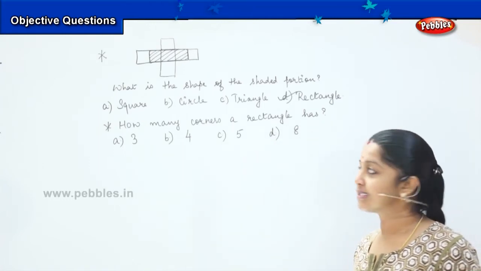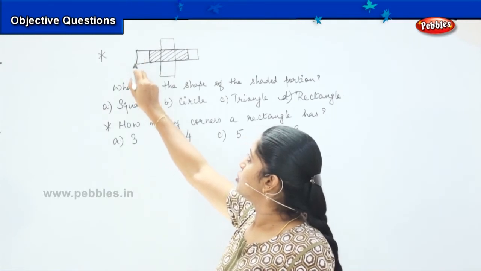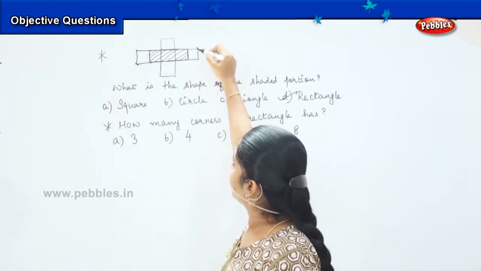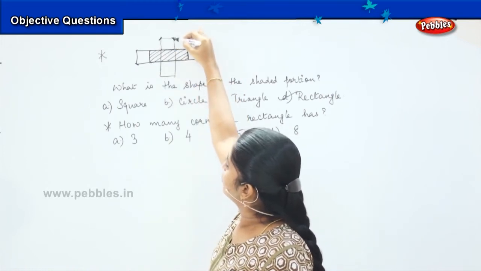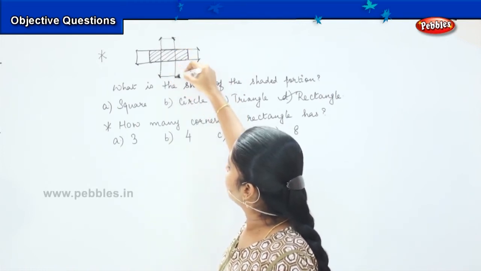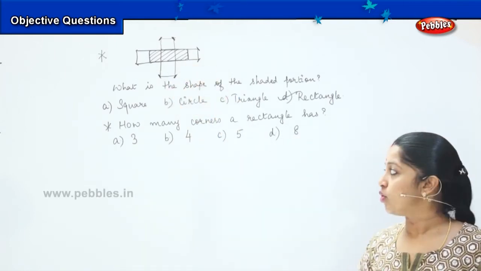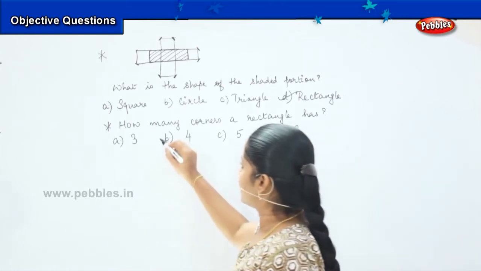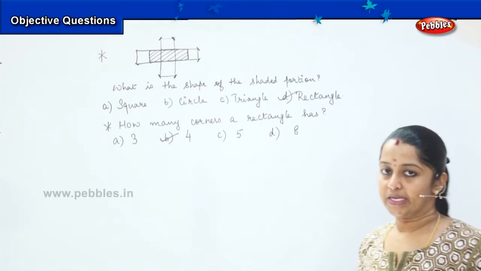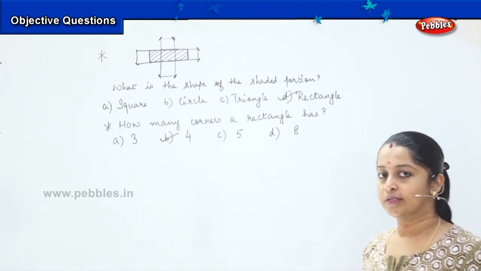So how many corners does a rectangle have? Can we count it? It's 1, 2, 3, 4. Whichever rectangular shape you take, you have 4 corners in a rectangle. Okay? So my answer is option B. Shall we move on towards the next question?